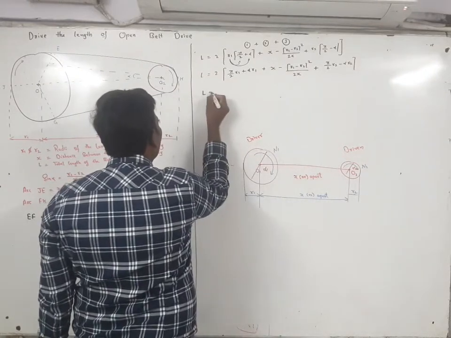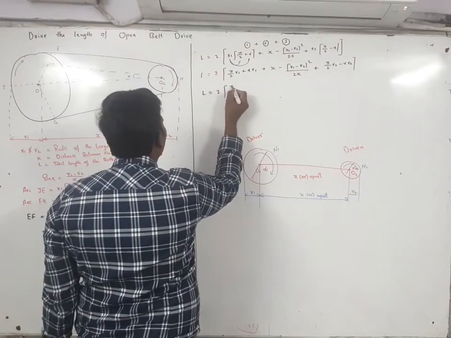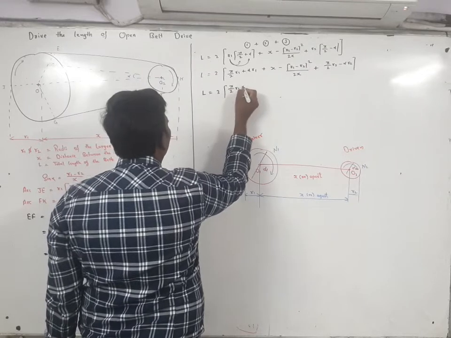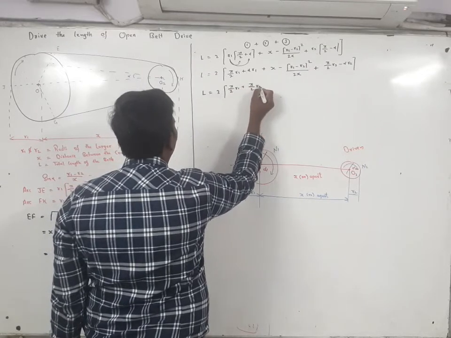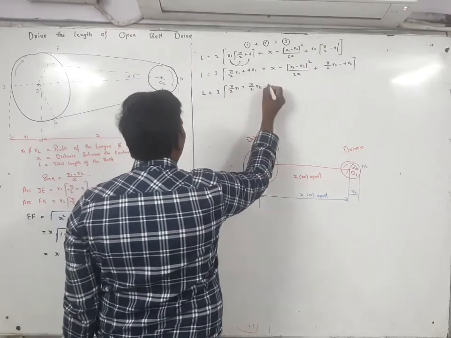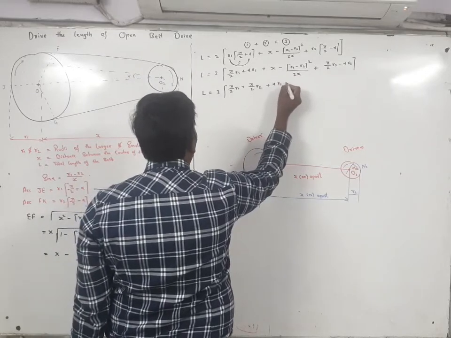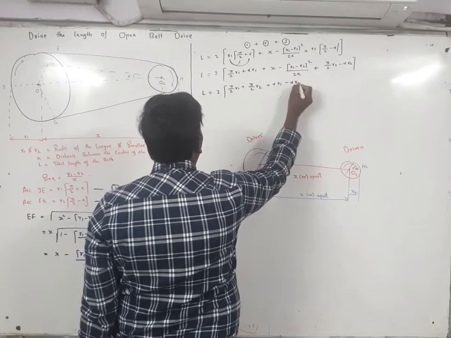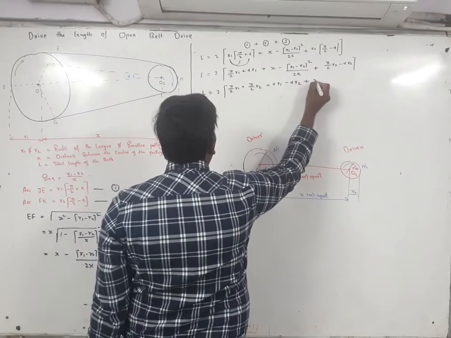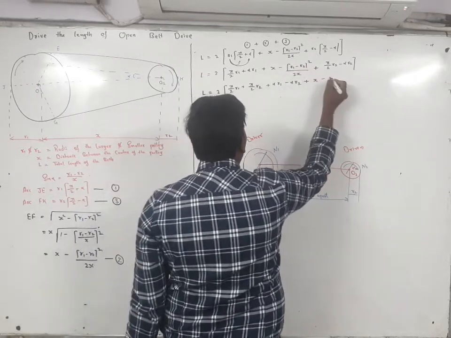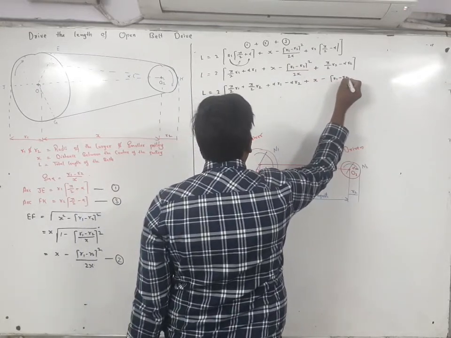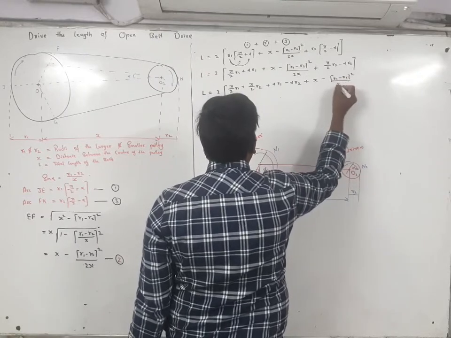So L is equal to 2 times: pi by 2 R1 plus pi by 2 R2, then plus alpha R1 minus alpha R2, then plus x minus (R1 minus R2) whole square by 2x.